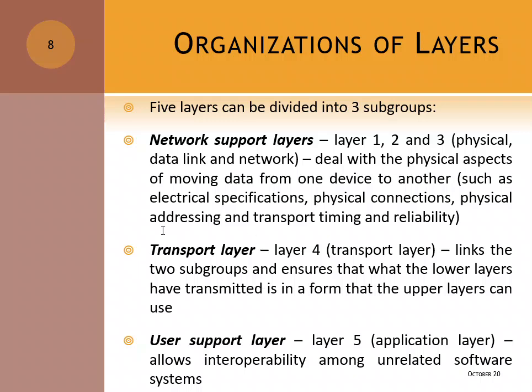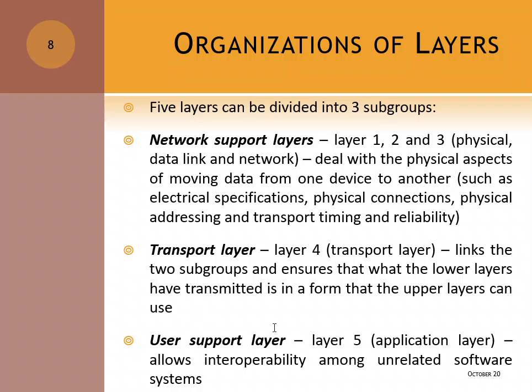Okay, transport layer ni akan menjadi intermediate bagi network support layer dan user support layer, menjadi orang tengah antara dua support layer ni. Okay, dan memastikan data dalam bentuk yang boleh diterima. Dan antara dua ni lah, okay, compatibility of data.